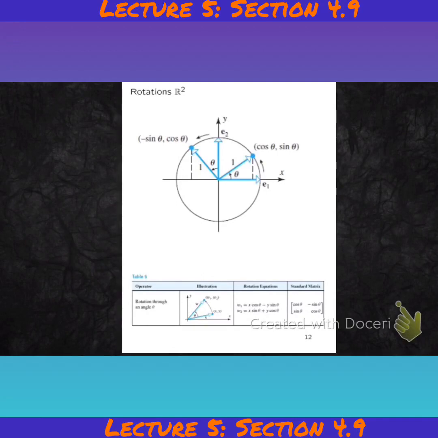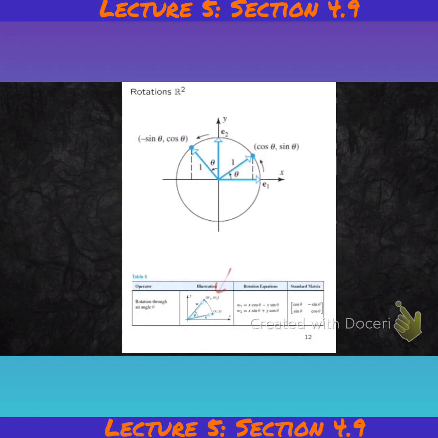All right, so the example we just did relates to page 12 of the notes. There you guys will see rotation through angle theta. So here we have rotation from xy to w1, w2.